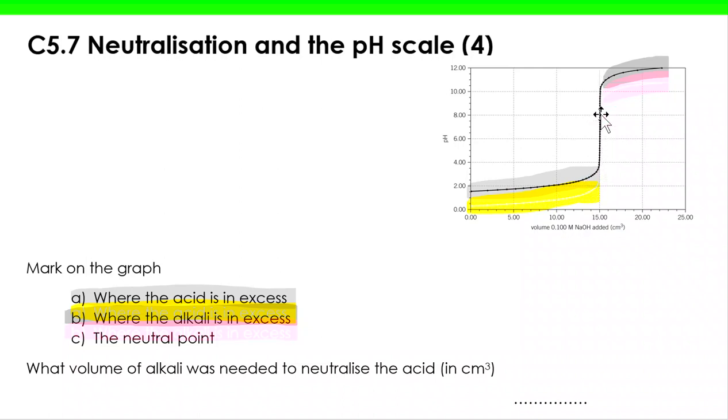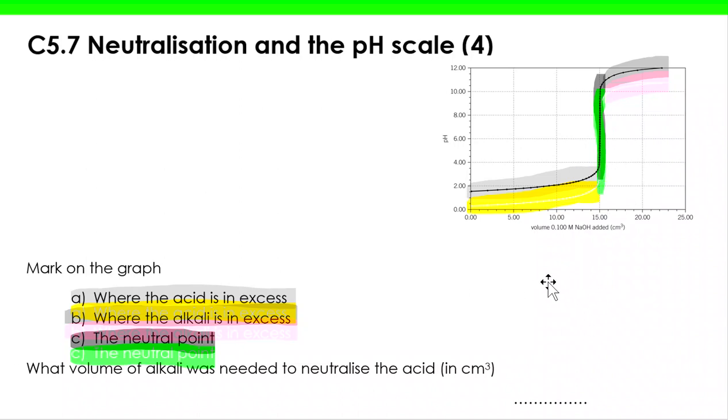We are then neutral. Our alkali is in excess after the point that we're neutral. And we're really looking at a couple of drops from going from acid in excess to alkali in excess. A very small volume change gives a very rapid change of pH. But this area is the neutral point.